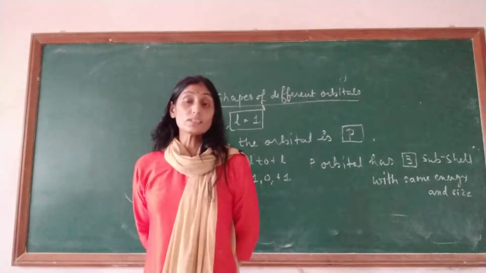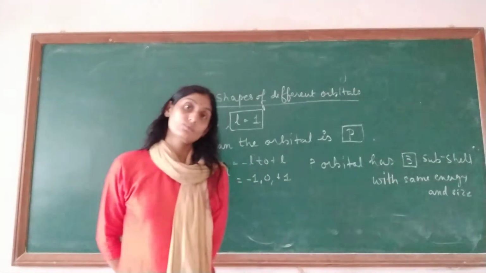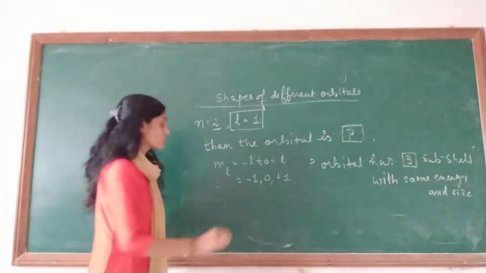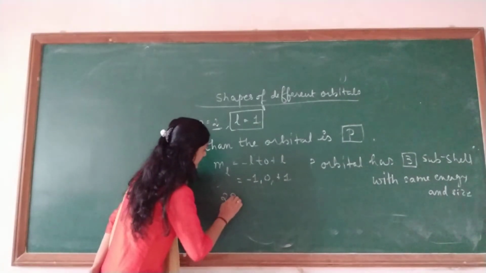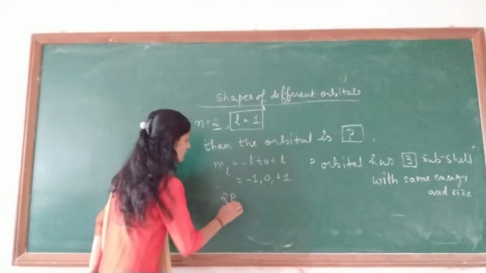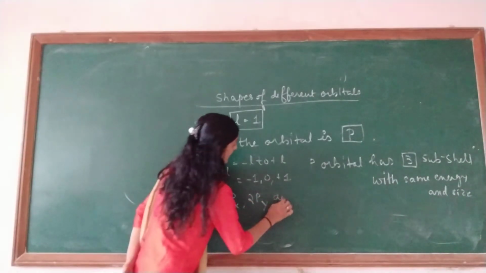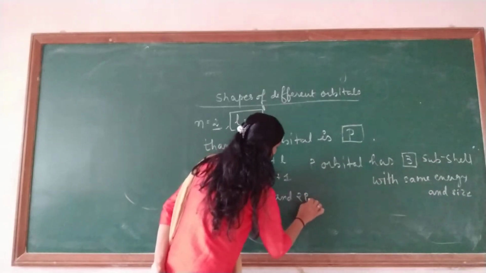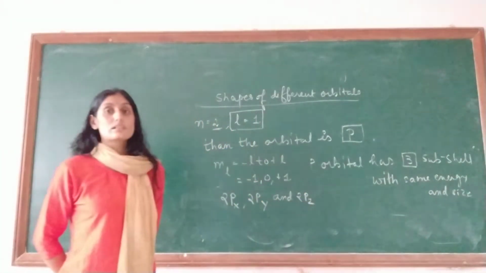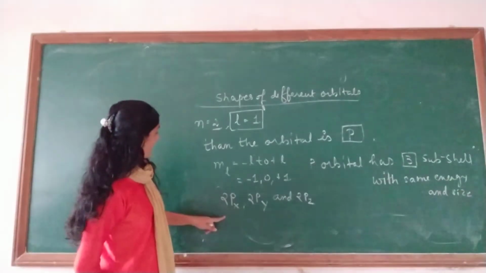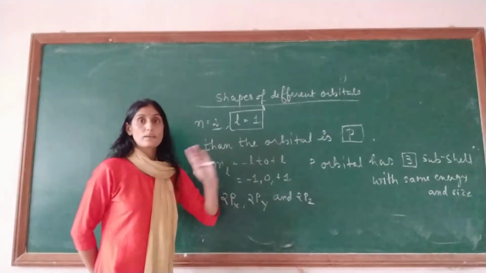It starts with 2 because here n is equal to 2. So we have the 2p orbital in the orientation of x, 2p y and 2p z. Now we learn about how to draw the shape. Here we have 2px, 2py and 2pz.